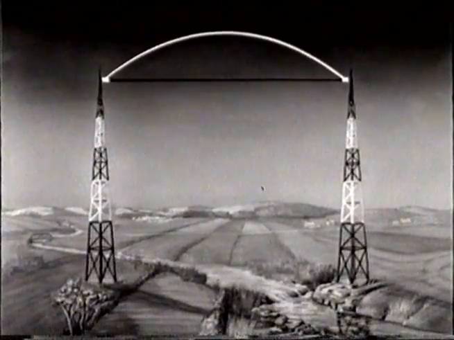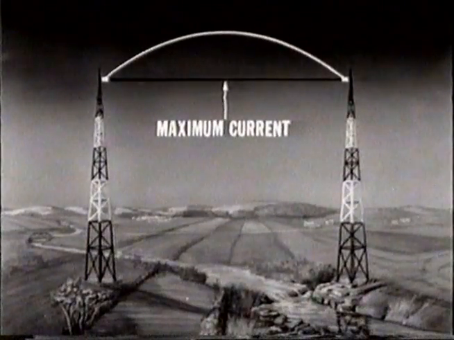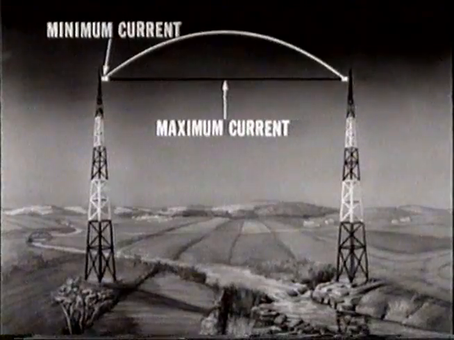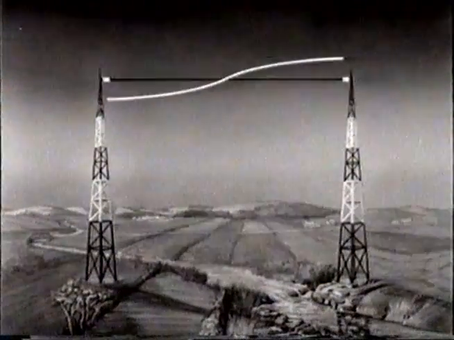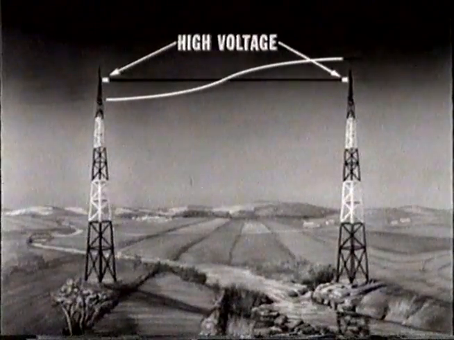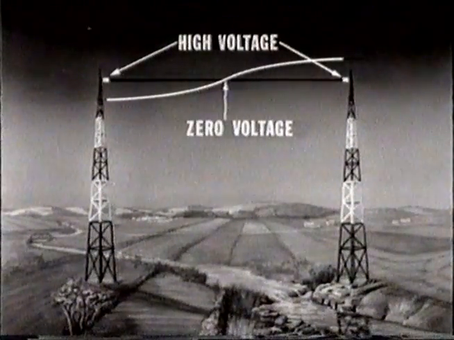On the half-wave antenna, current is at its maximum at the center, while it is minimum at the end. Voltage is high at the ends and approaches zero at the center.